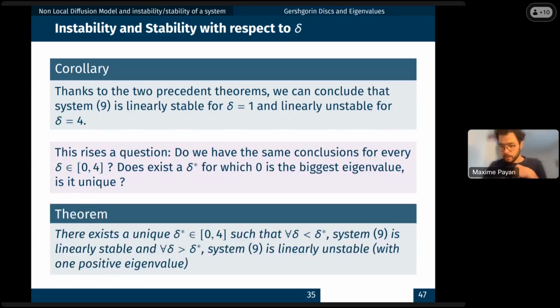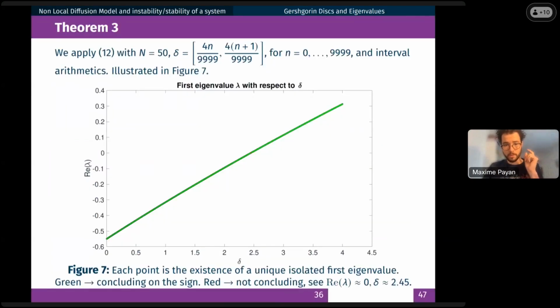I will be very quick on the demonstration of it, but there are 3 steps. The first is to apply the Gershgorin theorem to any delta with interval arithmetic. We get this figure. Each point means there exists a unique isolated first eigenvalue, and green is concluding on the sign.